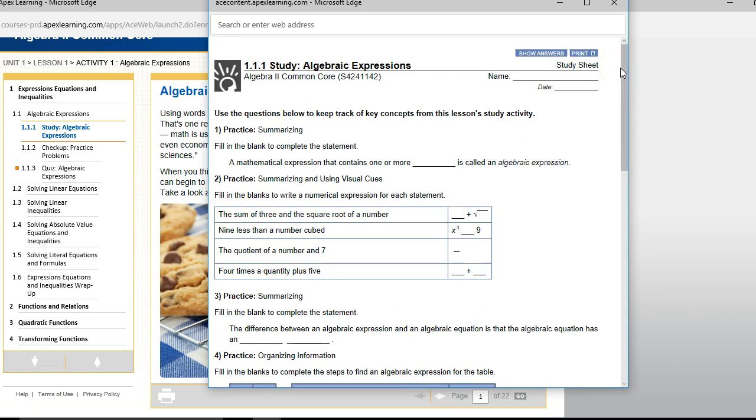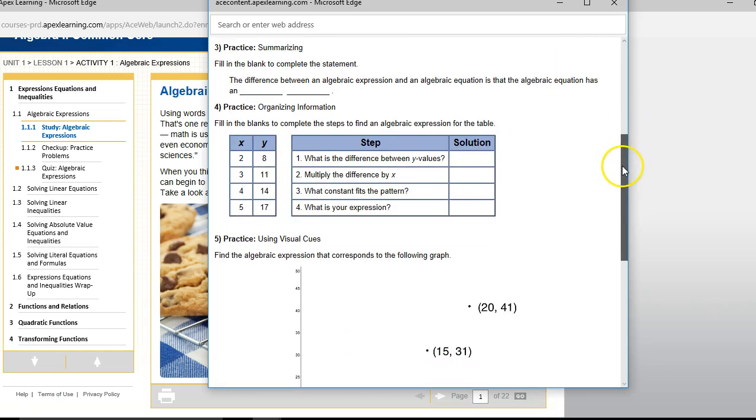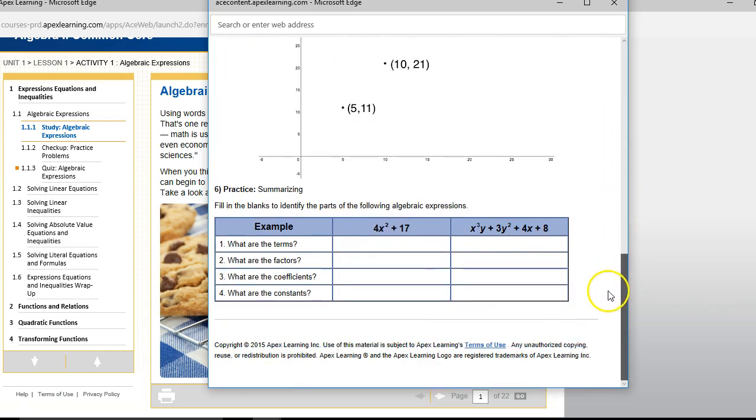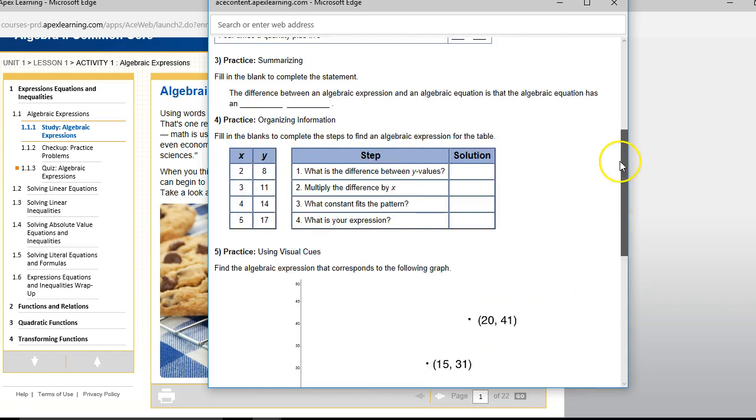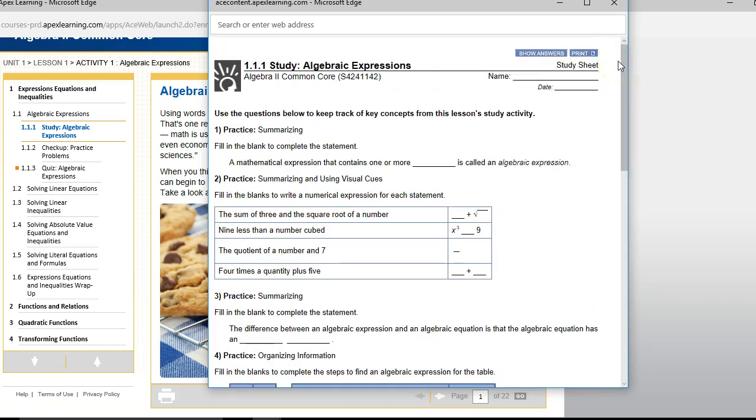Printing this out before you start your study and then completing it as you go not only helps you learn the material better and realize what you might need more support on, but this is also helpful on your quiz. You get to use this on your quiz at the end of the lesson. You're going to fill this out as you go. By the end of the lesson, this entire study sheet will be completed.